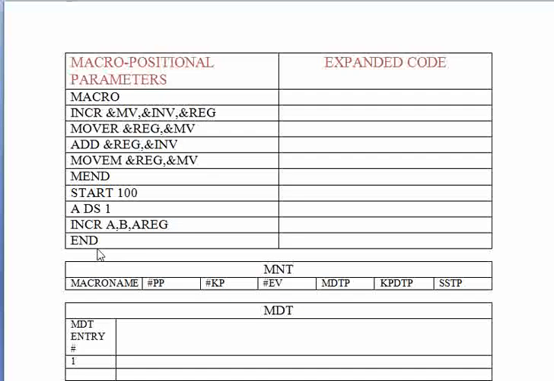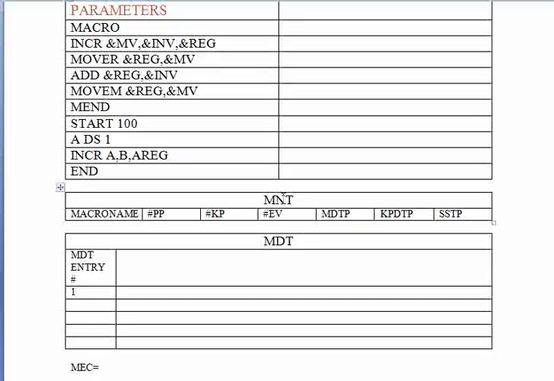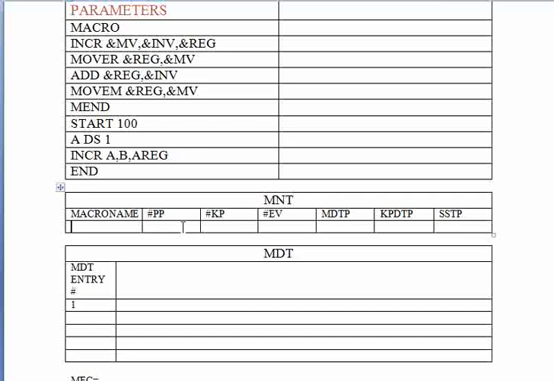To do this expansion, we require data structures like MNT, which stands for macro name table. The entries consist of the macro name, followed by the number of positional parameters represented by #pp, the number of keyword parameters, that is #kp, the number of expansion time variables #ev, a pointer to the macro definition table, a pointer to the keyword parameter default table, and a pointer to the sequencing table.